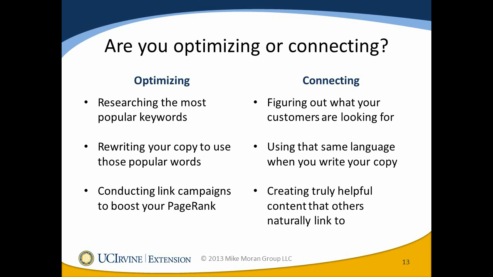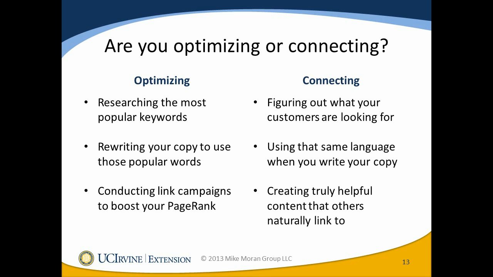Do you want to research the most popular keywords, or do you want to figure out what your customers are looking for? Now, they may sound the same to you, but they're not. If people are using keywords very heavily, they might be popular, but they might not be what your customers are looking for. And they might not really describe your company, even though they're popular.